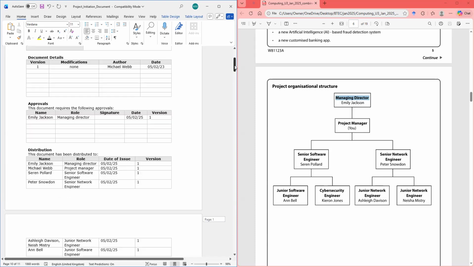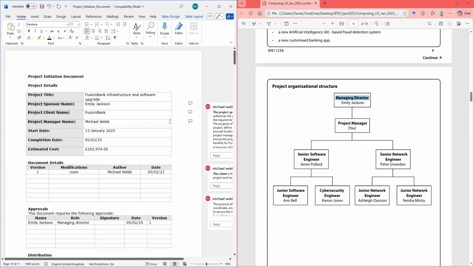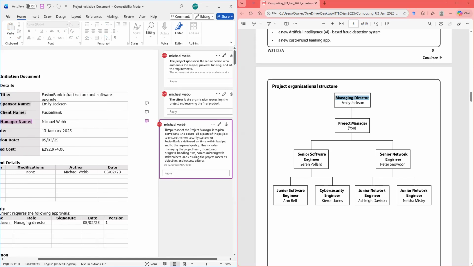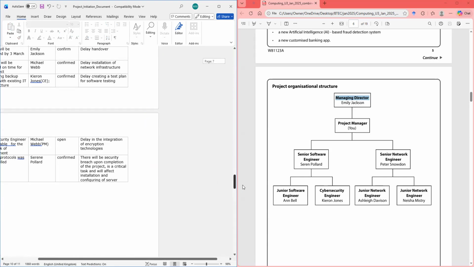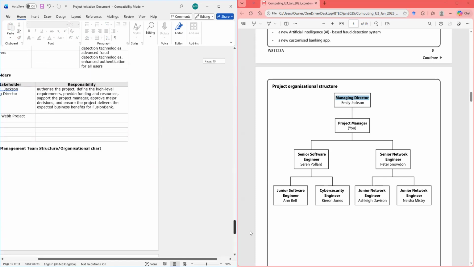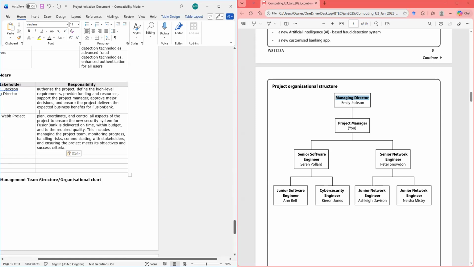Again, I have one up here for project manager. Mine is a bit long, but you can do a short one that suits you.